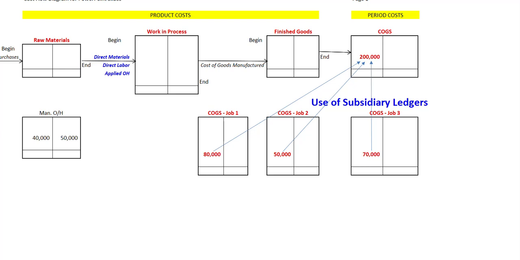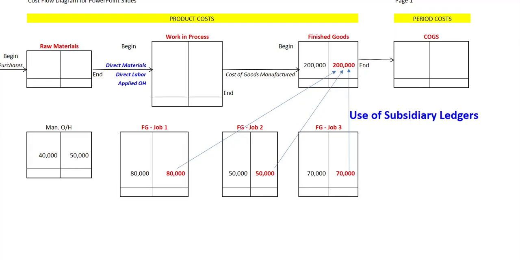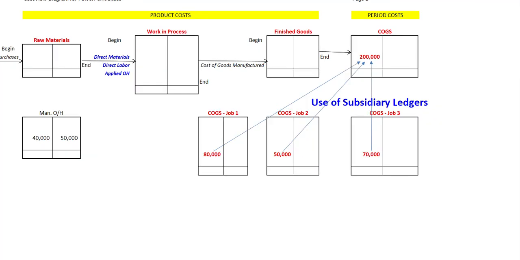We will transfer the cost of specific jobs from finished goods into cost of goods sold. And again, those of course would come out of the relevant finished goods accounts as well. So notice the debit to finished goods, and we of course would debit cost of goods sold, but actually debit the various subsidiary accounts, which roll up into cost of goods sold.